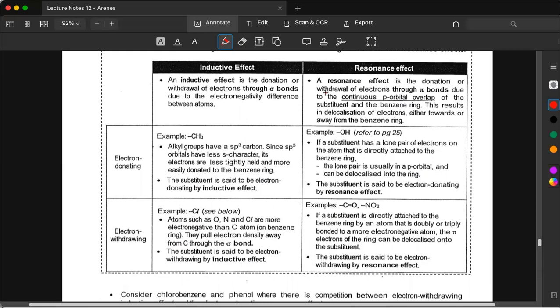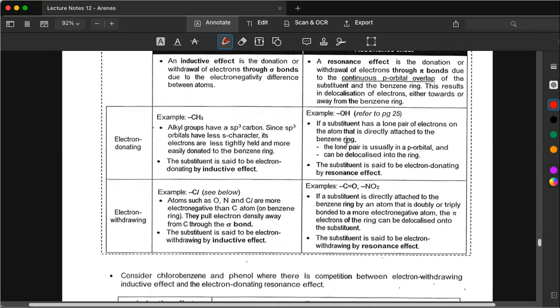So the way they interact is different. Inductive is through sigma, resonant through pi. Now, OH is a good electron donating group, right, because it has a lone pair of electrons on the atom. So the lone pair is in the p orbital and it can be easily delocalized into the ring. Okay, this is called resonant effect.